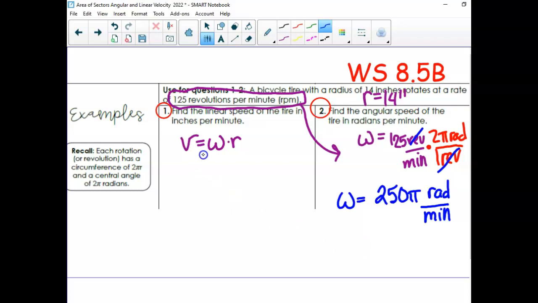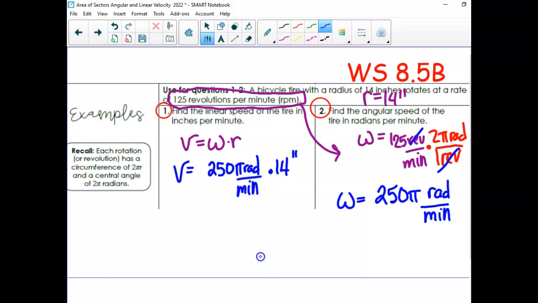All right, and then over here, what does it say? To find the linear speed, all we have to do is take that answer, 250 pi radians per minute, and multiply it by R. What was R, guys? 14 inches. Now, for you science people who are really good with the dimensional analysis in the area, math has this magic issue called radians.